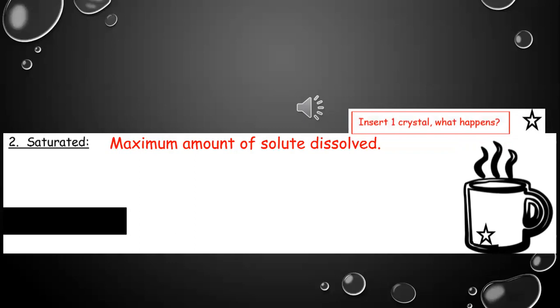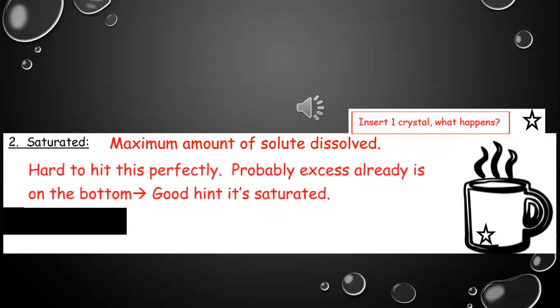It would not dissolve because there's no more room for extra solute to dissolve in that particular solution. What's probably going to be most common, however, is that we'll come upon a solution that already has some solids sitting at the bottom. If you have solids sitting at the bottom, you would have to assume that we have met that maximum amount and then some. We have some excess.